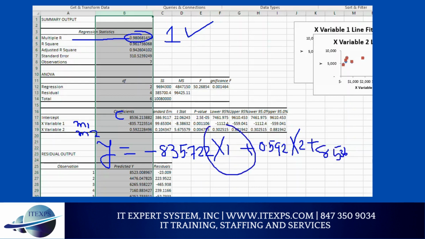So now if you know x1 and x2, you can plug them here and you can get the y value. Make sense? Any questions so far?